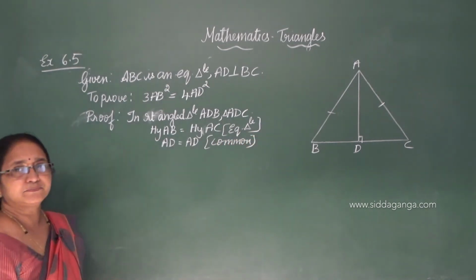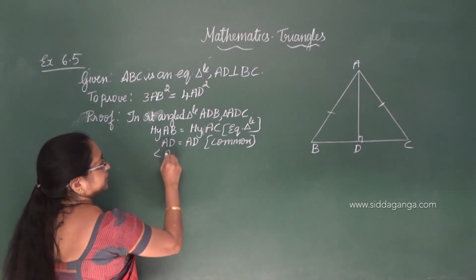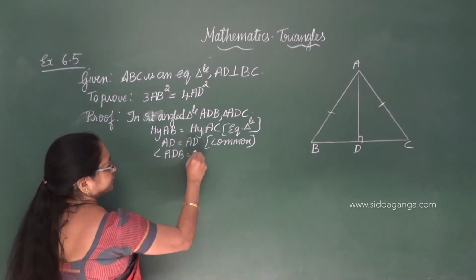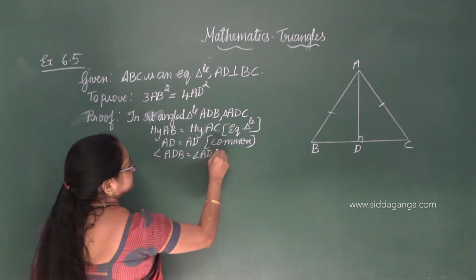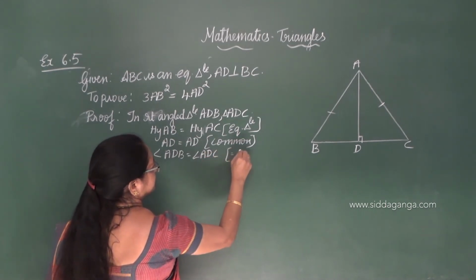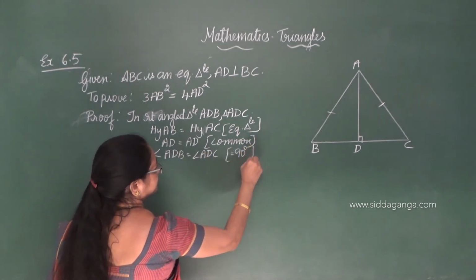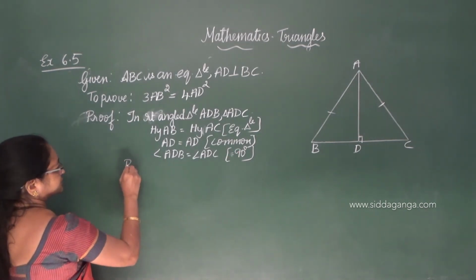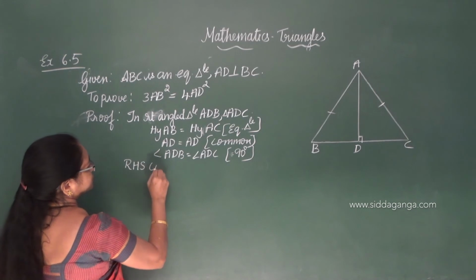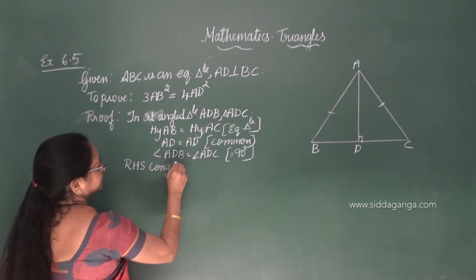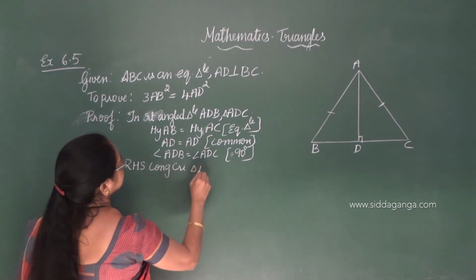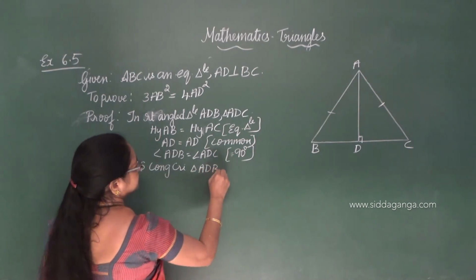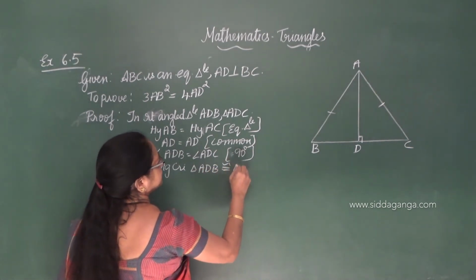Then angle ADB is equal to angle ADC, each is equal to 90 degrees. Then by RHS congruency criteria, triangle ADB is congruent to triangle ADC.